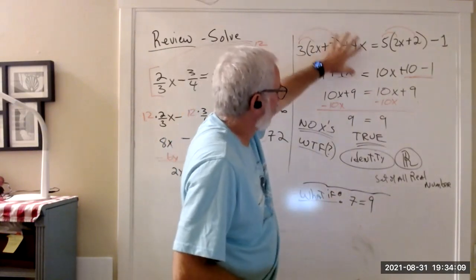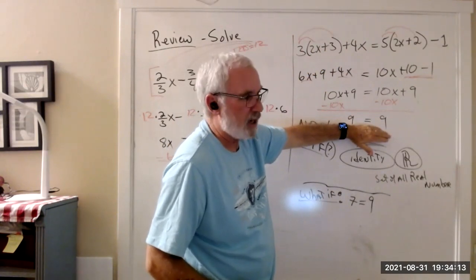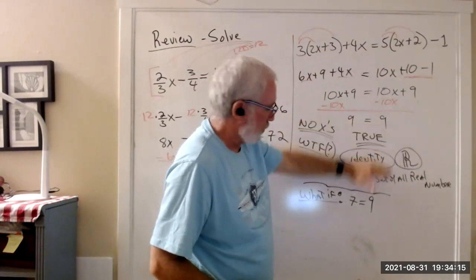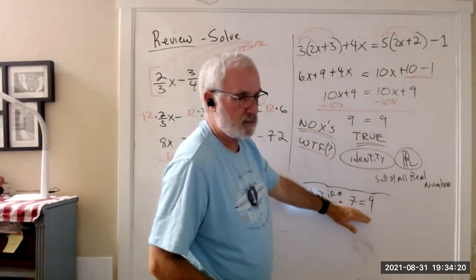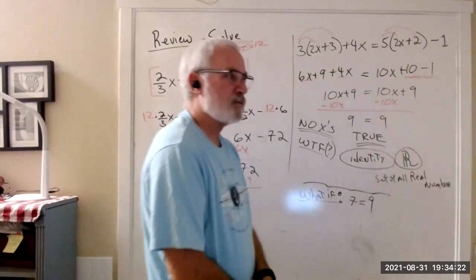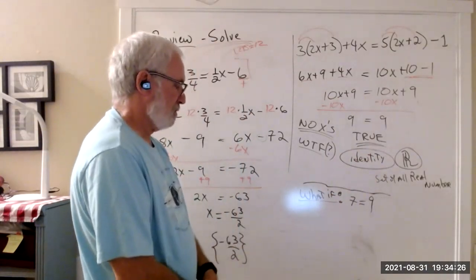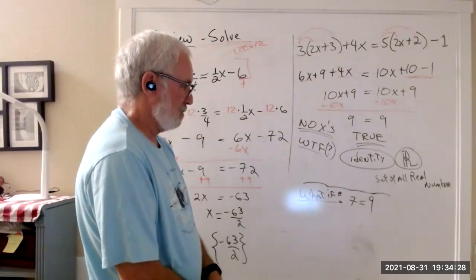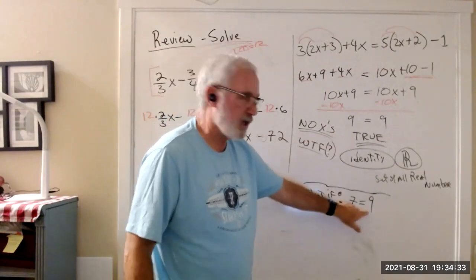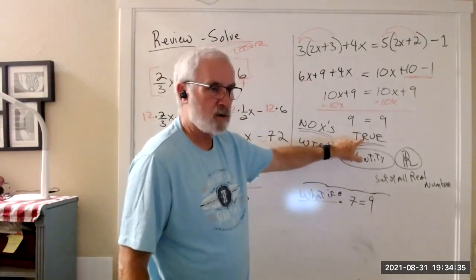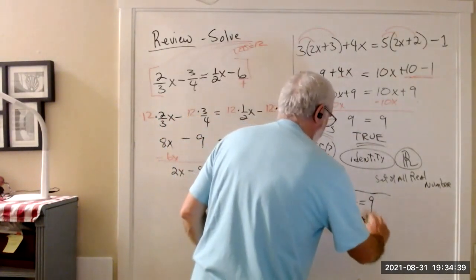What if you'd worked this whole problem out and instead of getting 9 equals 9, you got 7 equals 9? What changes? Is it true? Does 7 equal 9? Is that true? No, it's false.